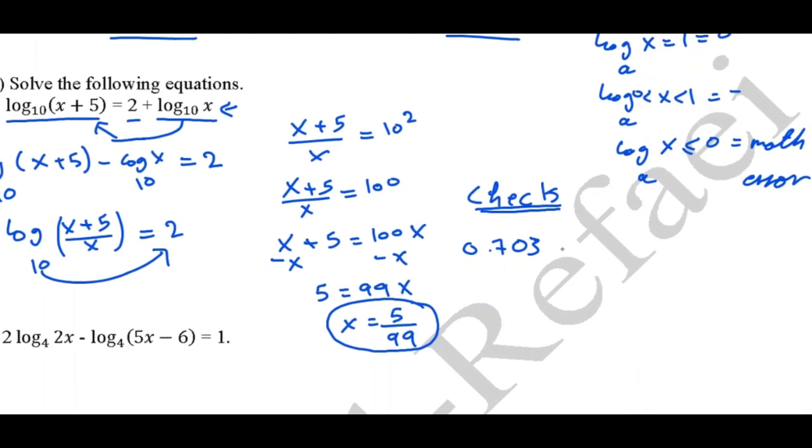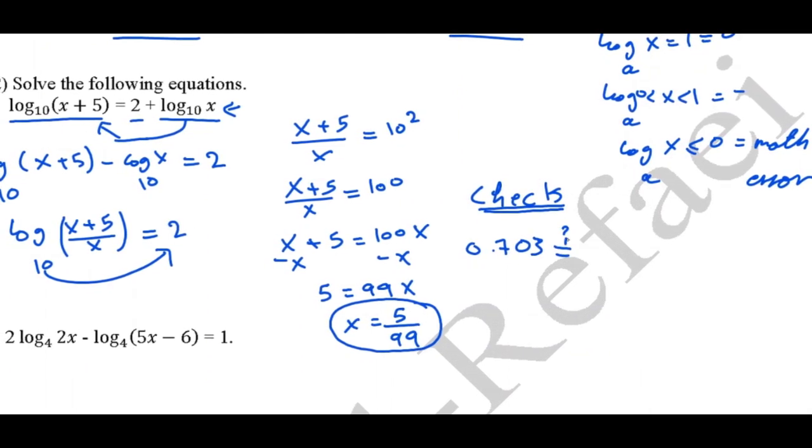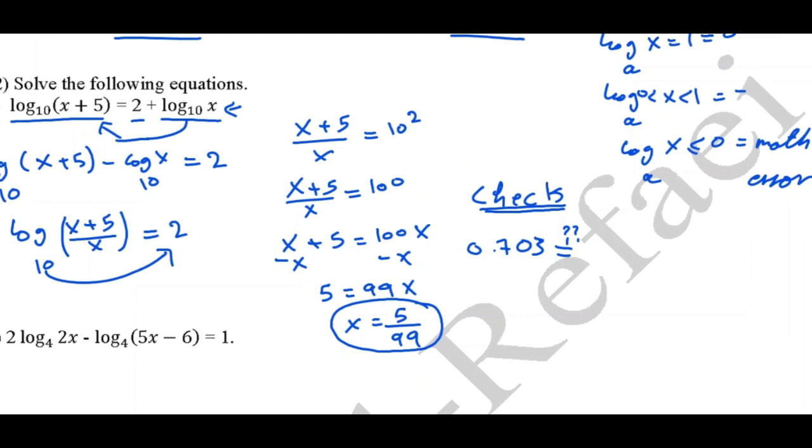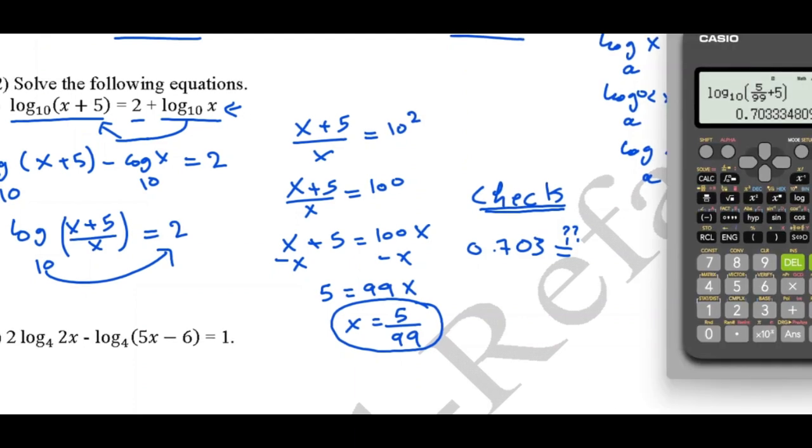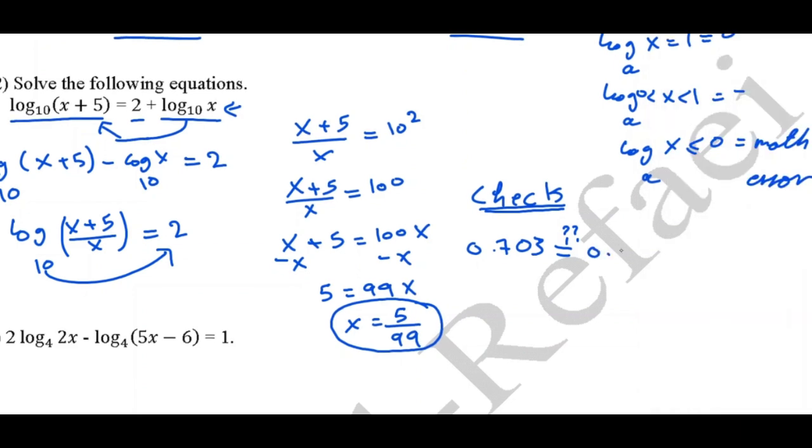Let's see if the left side will be equal to the right side. 2 plus, as we said, 5 over 99. The answer will be the same, 0.703. So this is the answer.